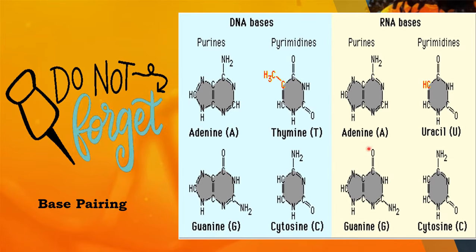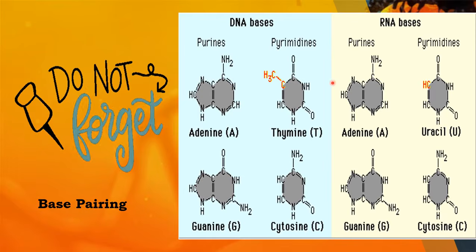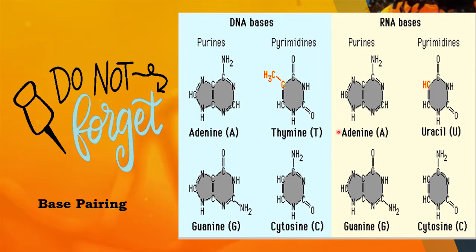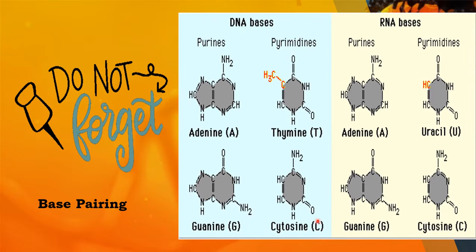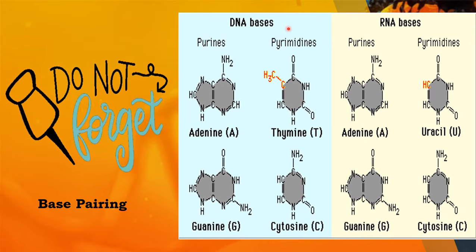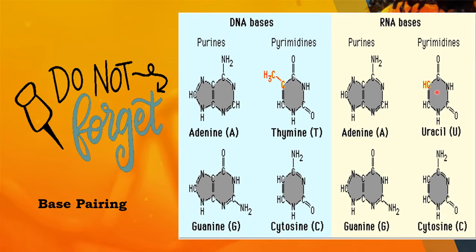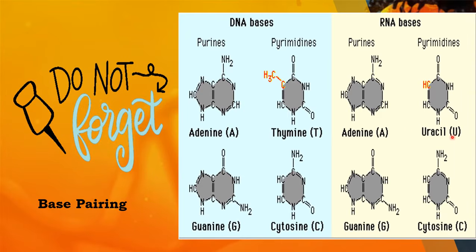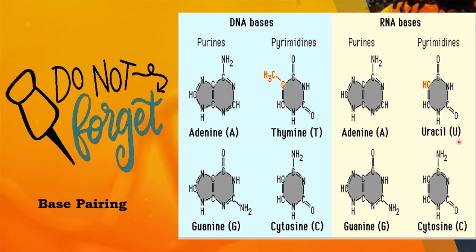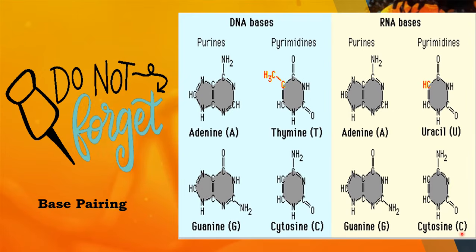We have adenine or A, guanine or G. Ang pyrimidines naman ay binubuo ng thymine or T and cytosine or C, and that is for the DNA bases. The only difference is that for RNA bases, instead of thymine, it is replaced by uracil or U and cytosine or C.